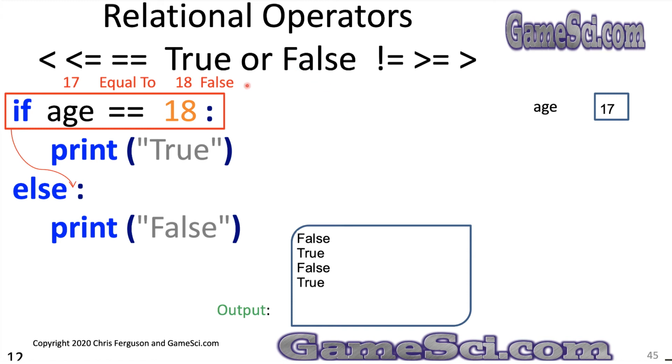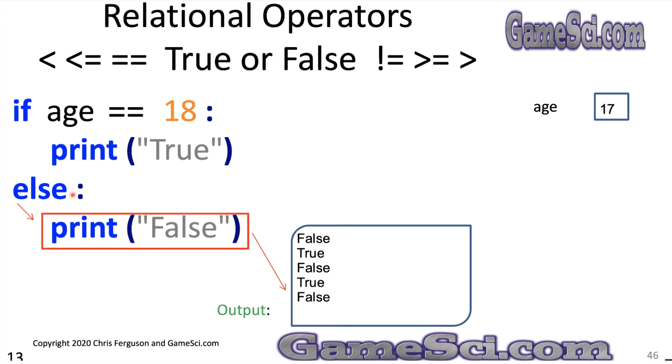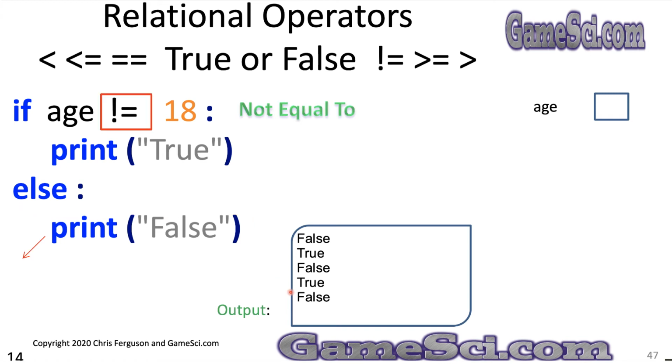So this now reads 17 equal to 18, and that is a false statement. 17 does not match 18. Again, two equal signs mean we're comparing 17 to 18, and that is a false statement. As a false statement, we will skip past the if block and go execute the else code. We'll print out the word false on our output, and after we're done printing the false, we will continue on with the code after the if-else.